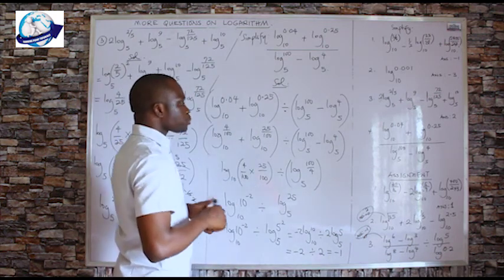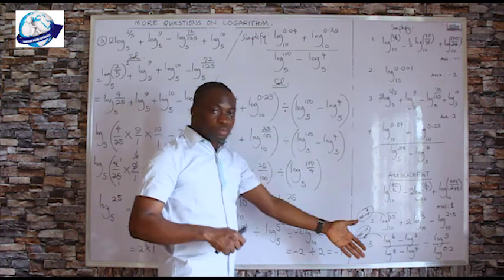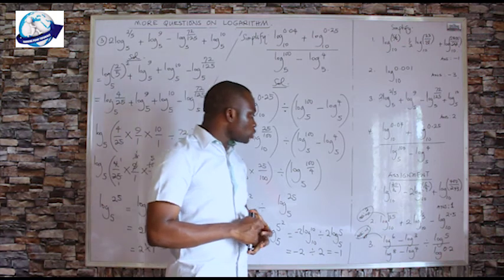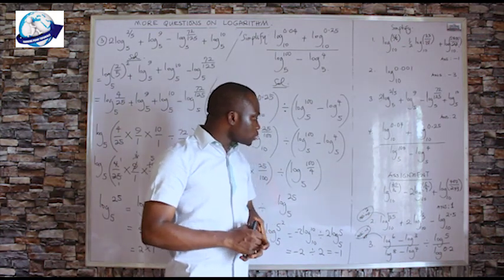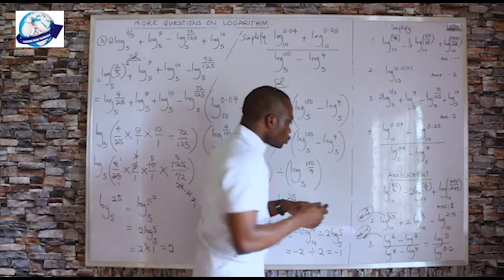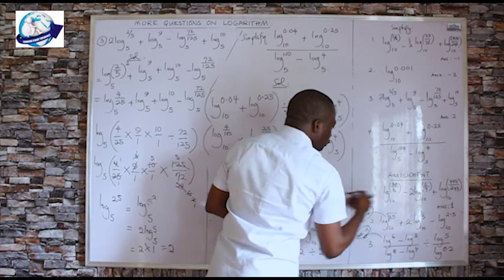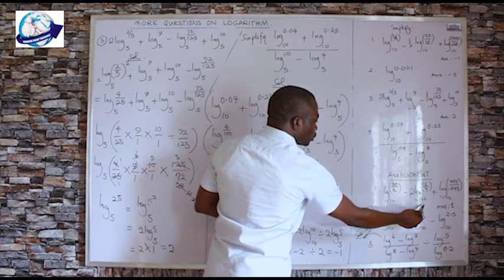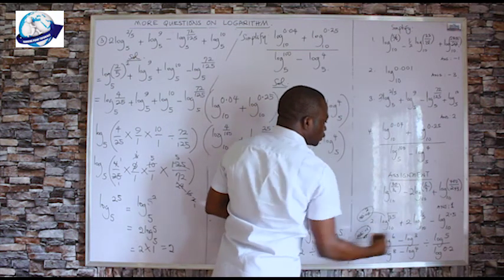So at the end of the day, we have arrived at the final answer for this question. Now, please check carefully if you can see the board clearly. You see there I placed some assignments here, and see how to solve them. This is log 30, then minus 2 log 5 over 9 base 10 plus log 400 over 243 base 10.